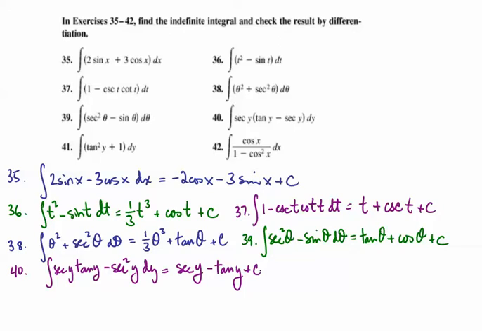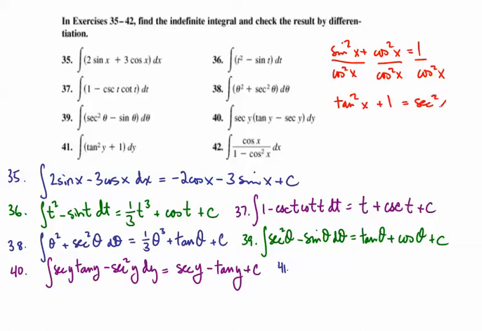All right, for number 41, we're going to start to use some identities. So you know, for example, that sine squared of x plus cosine squared of x is equal to 1. Well, if we divide through, we're looking for a tangent squared. So we want to divide through by cosine squared of x, and we get tan squared of x plus 1 equals secant squared of x.